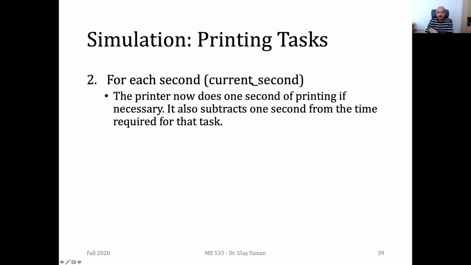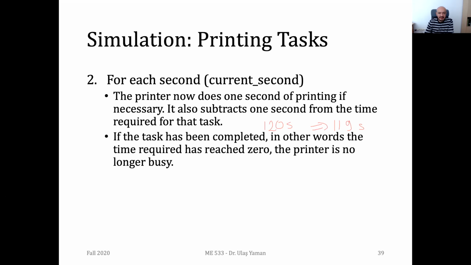Since we are running a loop for every second, if you remember in the previous slide, I said that we need 120 seconds for the printing operation. But after 1 second has passed, we should say that we have just 119 seconds remaining for the specific printing operation.